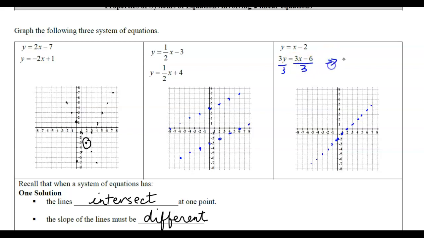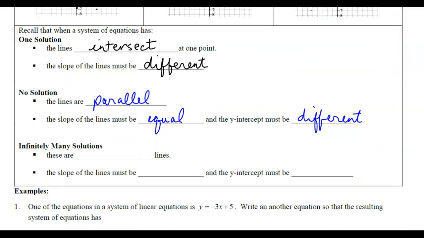So when I do that, I get y equals x minus 2, which is the exact same line. Okay, so this is the same as the first one, just a different form. Okay, so these lines are coincident.